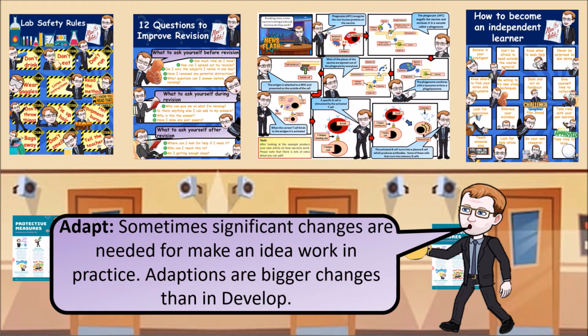So when you're adapting it, sometimes significant changes are needed to make the idea work in practice. Some of these adaptations can be bigger, some of them can be smaller, right? But you need to go back and think critically about what went well with it and what could be improved.